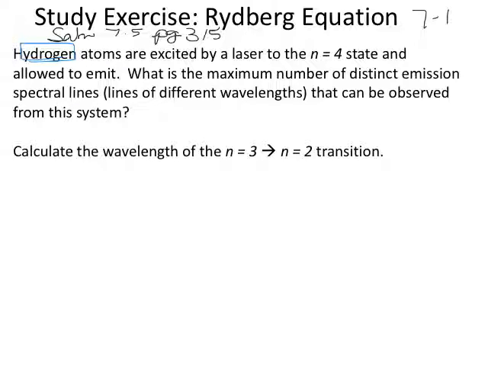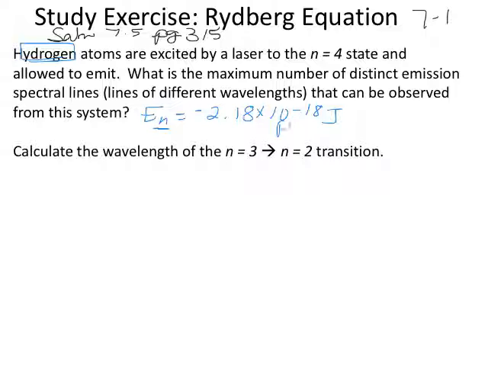For hydrogen atoms, you can calculate the energy of each orbit where the electron is using this equation: E sub n, meaning the quantum number of the orbit the electron is on, is negative 2.18 times 10 to the negative 18 joules.